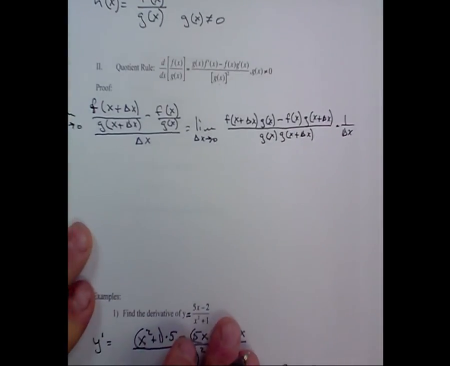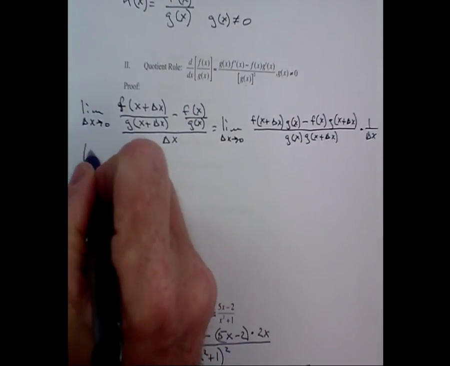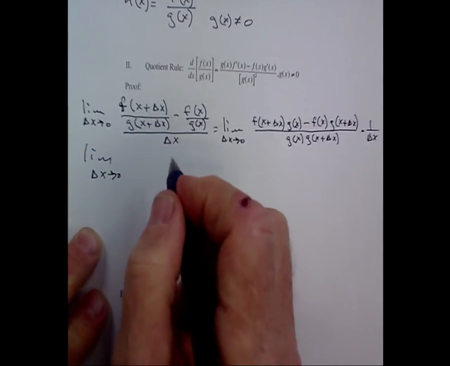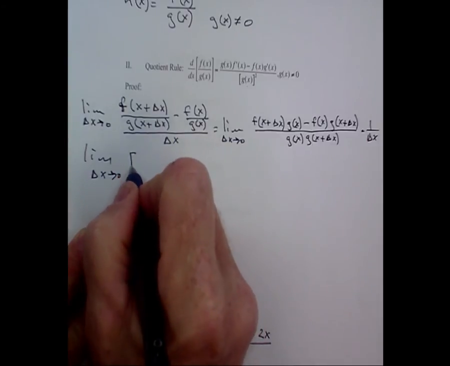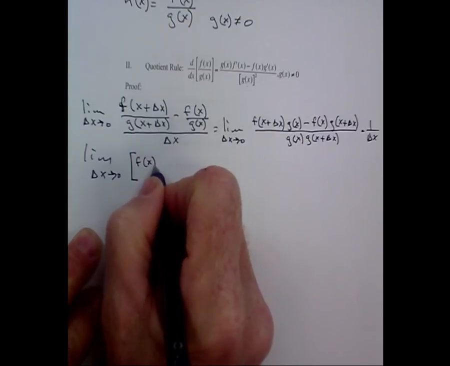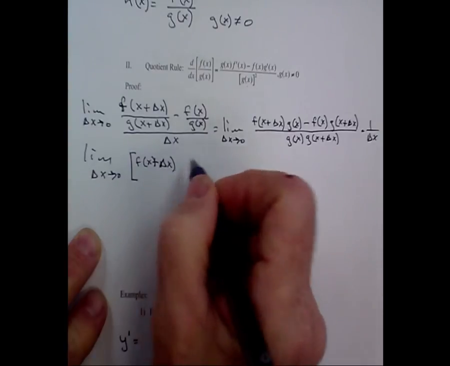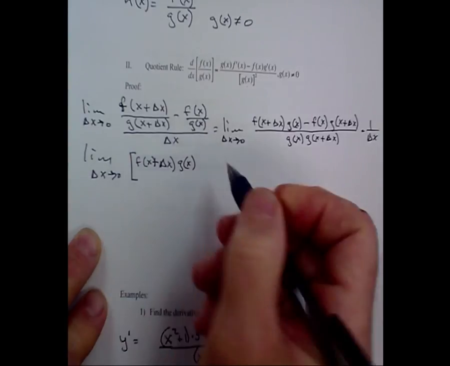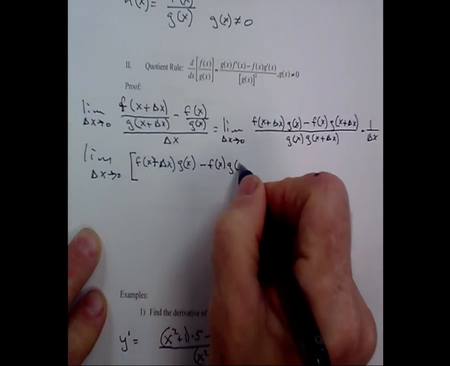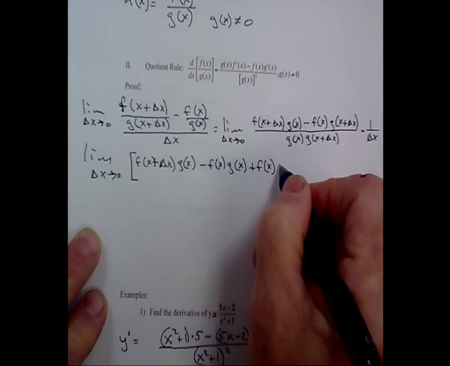So now, I'm going to slide this over a tad. And I got the limit as delta x goes to 0. I'm going to write f of x plus delta x in parentheses times g of x, minus f of x g of x, plus f of x g of x.